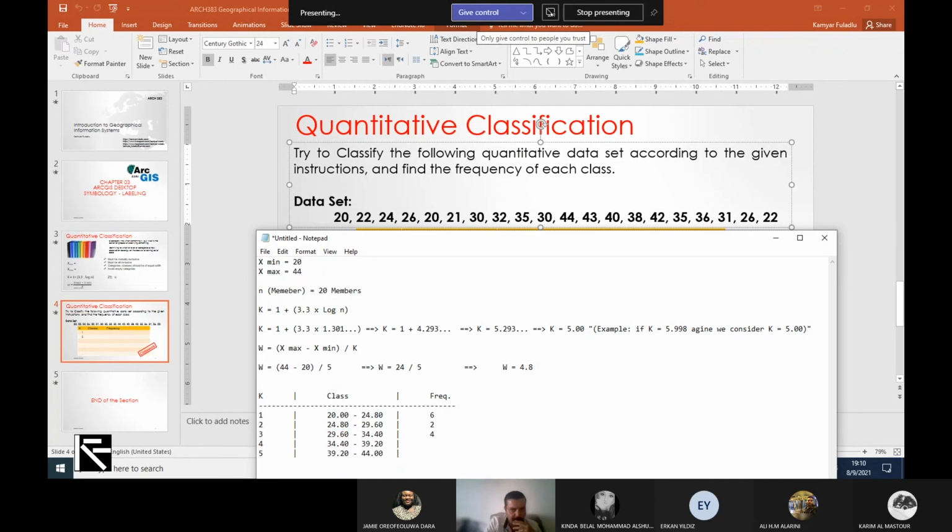If you see more, just tell me. Then we have 35, because we consider 34 here, so 35 to 39. We have 1, 2, 3.